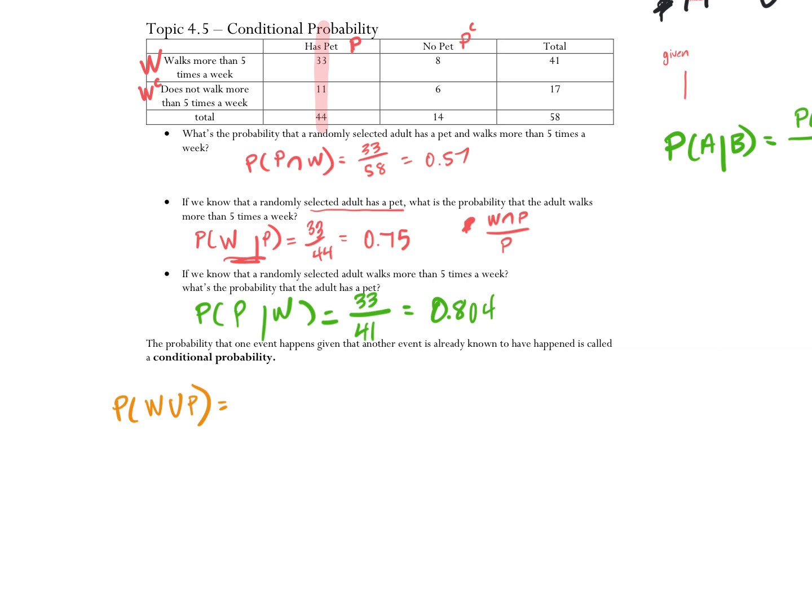P over the total would be 33 out of 58 plus W over the total would be 41 out of 58, minus 33. And then you have to do minus 33. Great. Why do we have to subtract the 33? The 33 was included in this total, and the 33 was included in this total. It can only be included in one of the 2 totals.